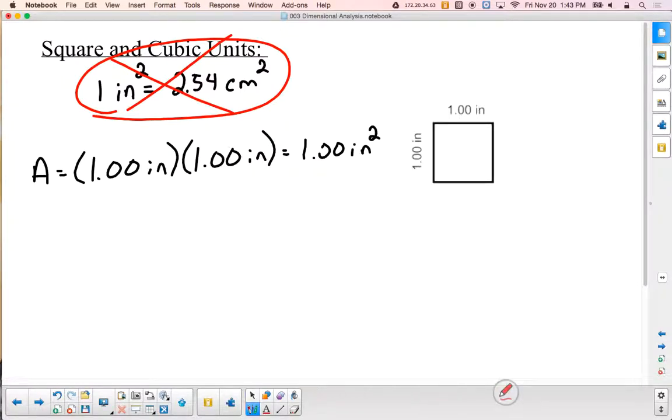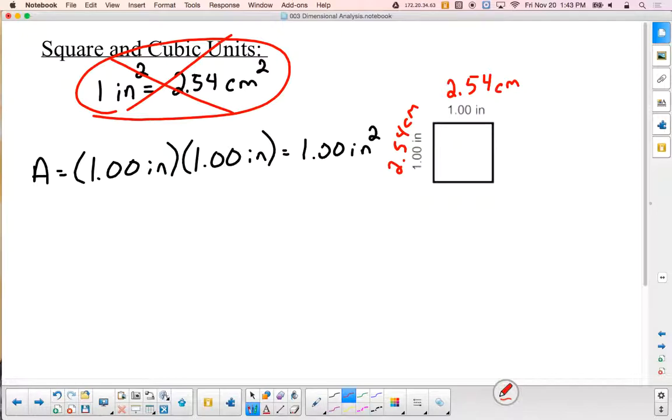But now let's travel to Europe and take our square with us. When we get to Europe, we run into our European friends who don't like our 1 inch by 1 inch square. They would rather have us say that this square is 2.54 centimeters by 2.54 centimeters.